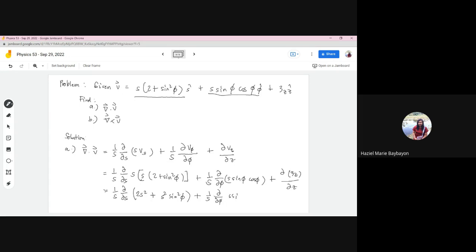So s sine phi. By the way, Griffiths is probably the one who uses s. Others still use r. But in order to distinguish it from the r in spherical polar coordinates, he uses s.